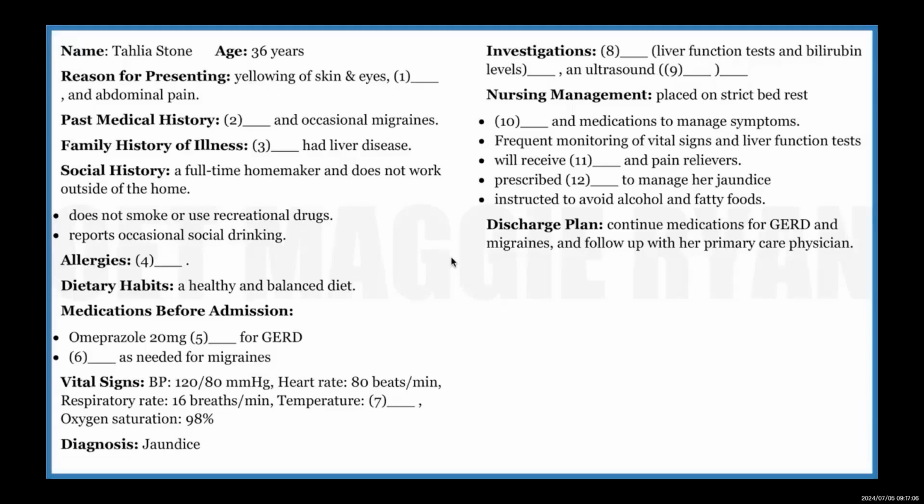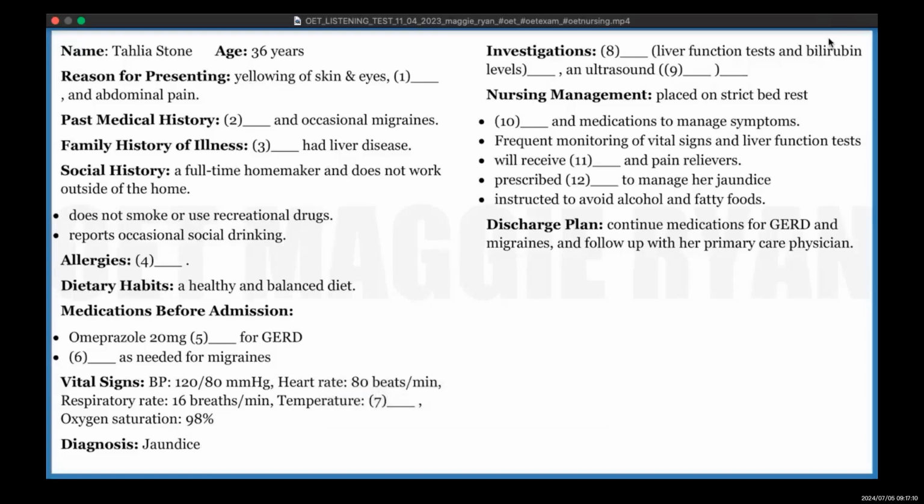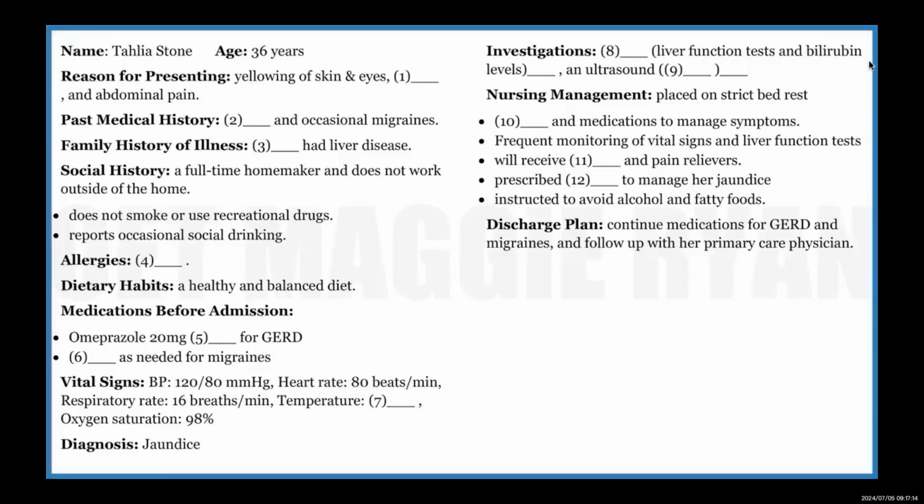Based on your symptoms and vital signs, I suspect you may have jaundice. We will need to perform blood tests, including liver function tests and bilirubin levels, and an ultrasound of the liver and bile ducts to confirm the diagnosis. In the meantime, we will place you on strict bed rest and provide you with intravenous fluids and medications to manage your symptoms. We will also need to monitor your vital signs and liver function tests closely.